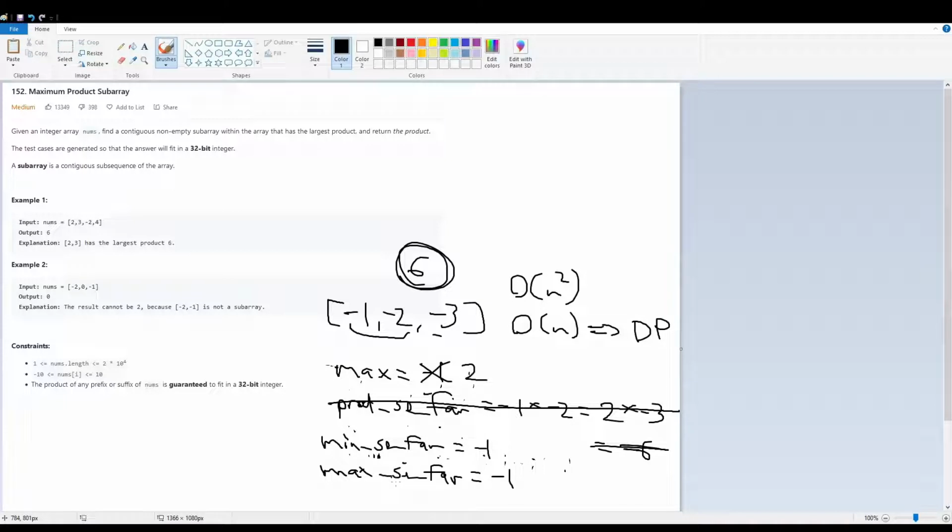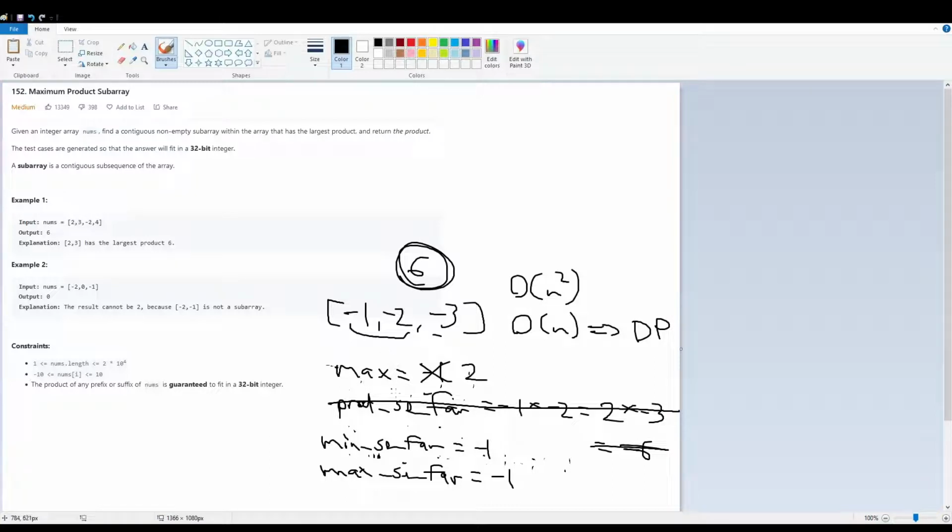Max so far would, within the range we're looking at, keep track of the maximum that we've seen so far within the subarray. And same for min so far, we keep track of the minimum we've seen in the subarray. And this would help in case of negative numbers here, because if you have a negative number and say min so far is negative, then we can multiply those together and get a new max.